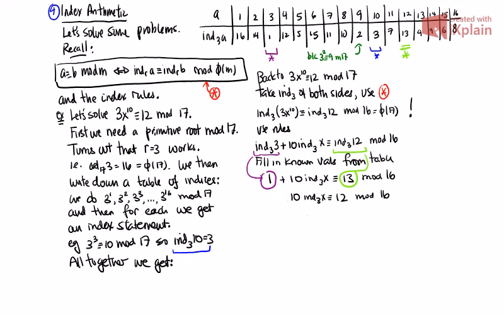Now, this is basically a linear congruence where index base 3 of x is the variable. If you think of this guy right here as a single variable, in other words, think of this as 10y is congruent to 12 mod 16.